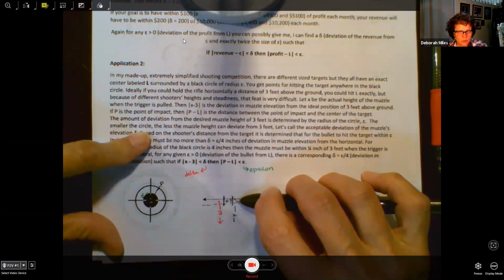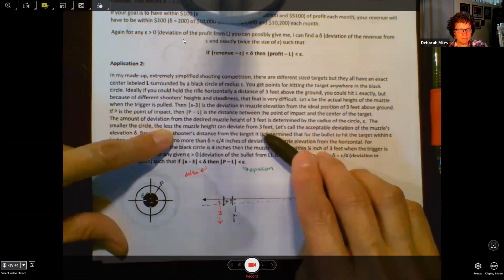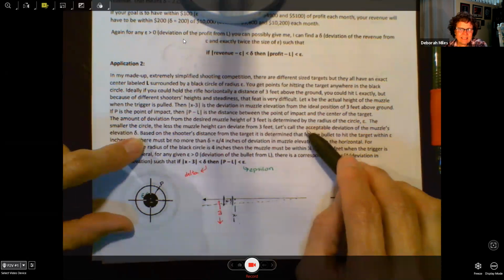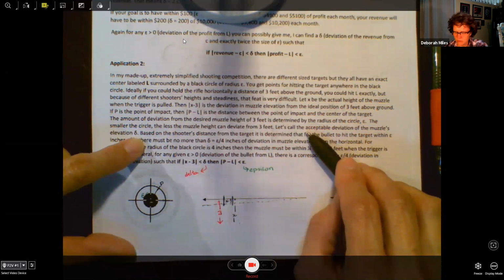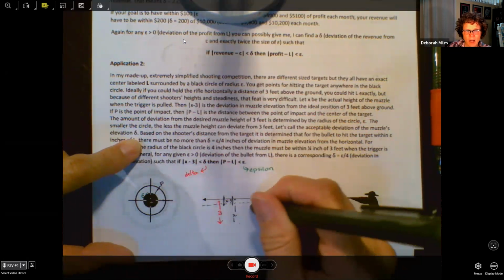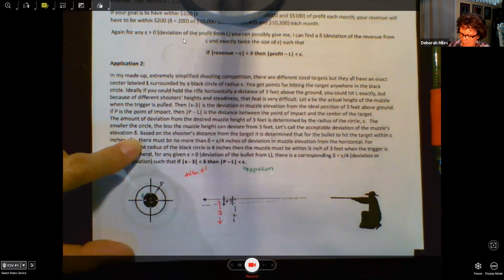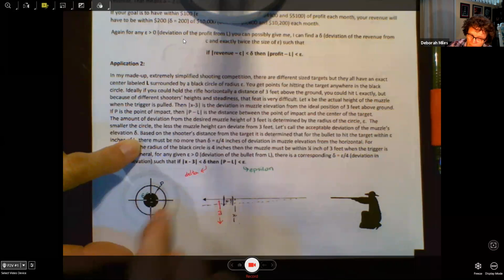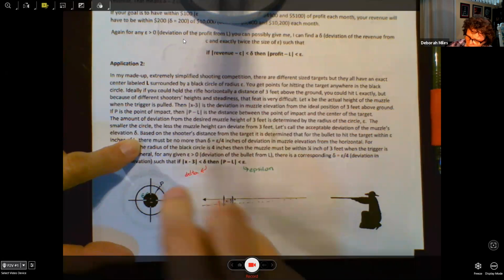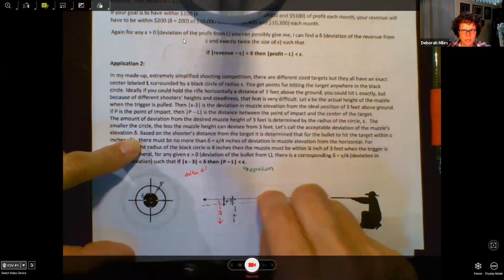The smaller the circle, the less the muzzle height can deviate from 3 feet. Let's call the acceptable amount of deviation delta. Delta is how much it's okay to be off and still hit inside that black circle. And so delta depends on epsilon. This amount of deviation depends on how big the black circle is. The smaller the black circle is, the smaller the acceptable amount of deviation is.